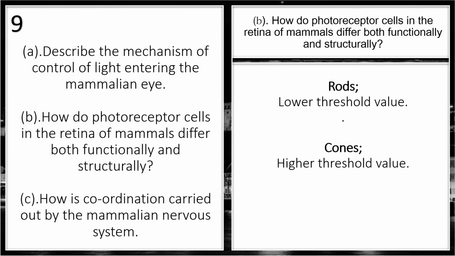The rods need a lower threshold value, whereas the cones need a higher threshold value.